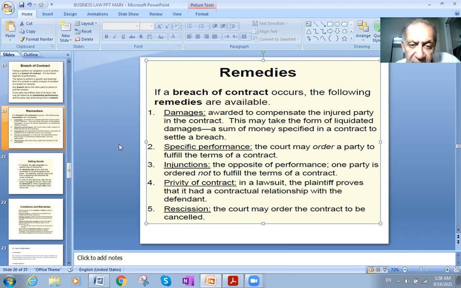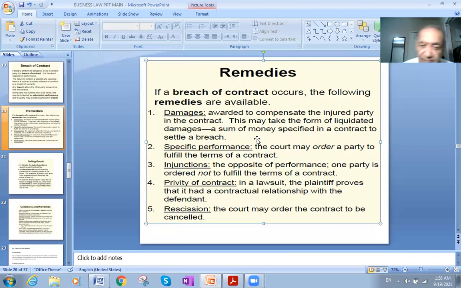Specific performance: the court may order a party to fulfill the terms of a contract. So if you didn't do the terms of the contract, the court will enforce you to do it, by force.